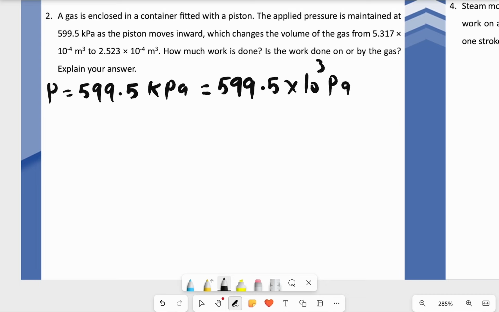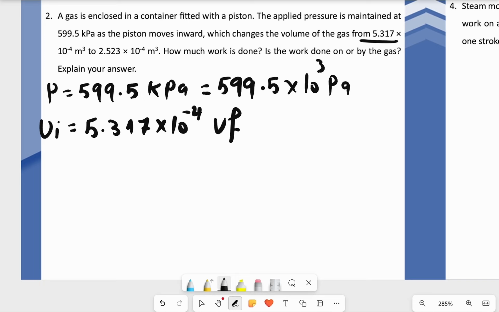Which changes the volume of the gas from, careful, whenever it says from a number to a number, this from is going to be initial, and the number after to is going to be final. So it says the volume of the gas changes from, so V initial is going to be 5.317 times 10 to the power of minus 4, and V final is going to be what?